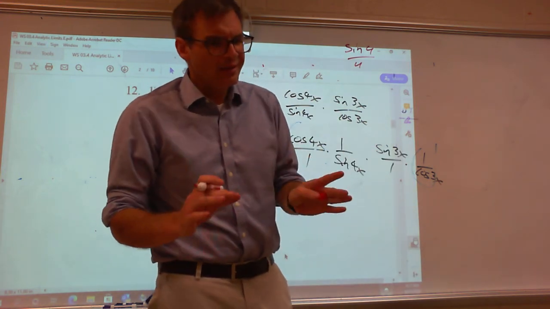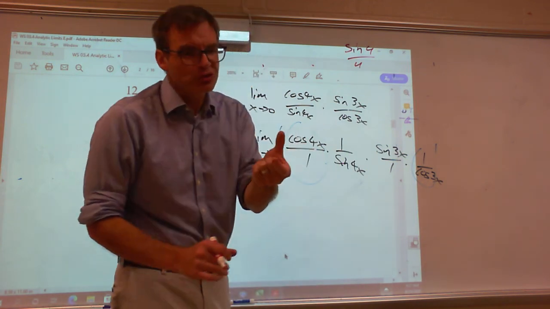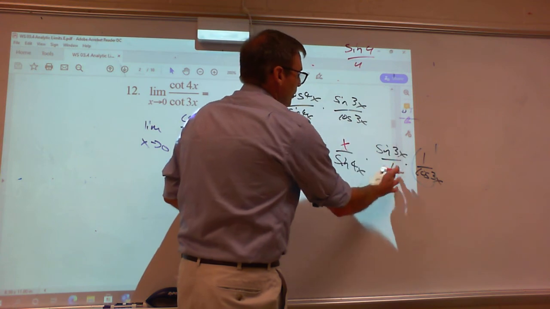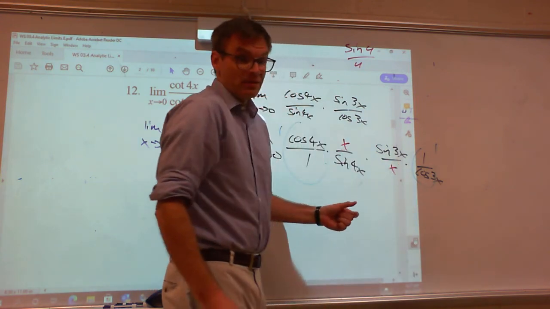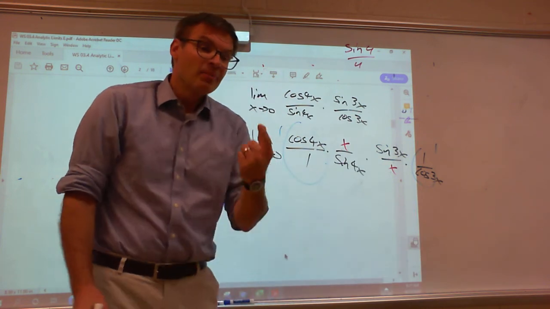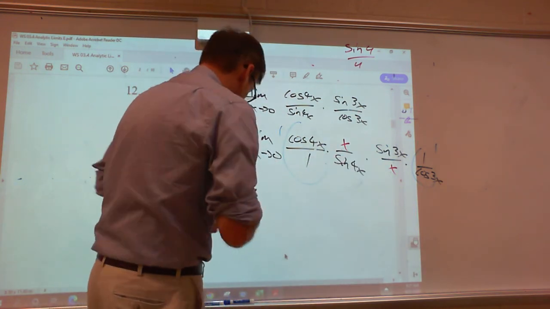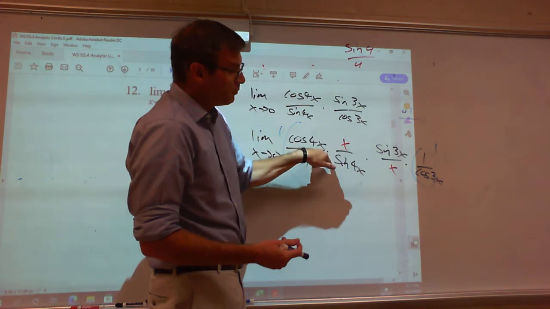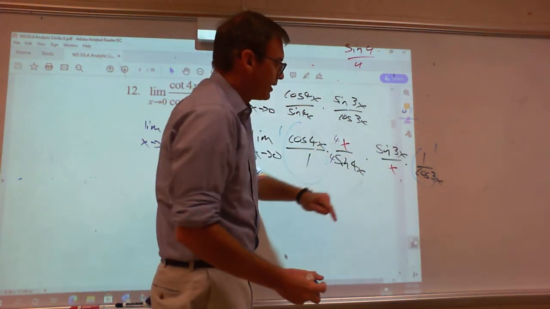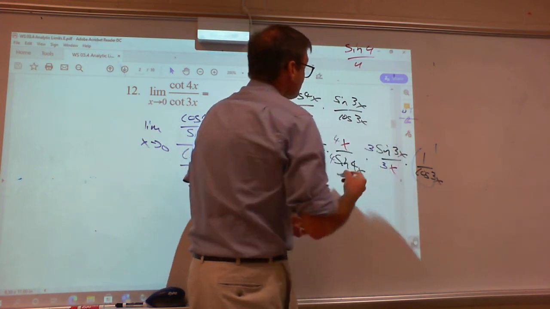The x's, the clever trick we talked about yesterday was I'm going to put an x on top and an x on the bottom. Because algebraically, this is still the same, right? Because those x's would cancel out. But now that I have my x, I can multiply top and bottom by 4. And this, I can multiply top and bottom by 3.